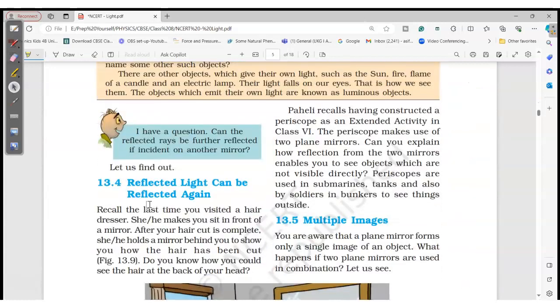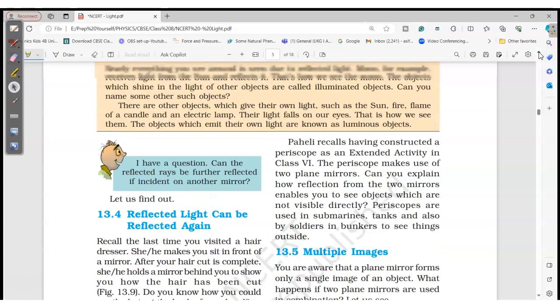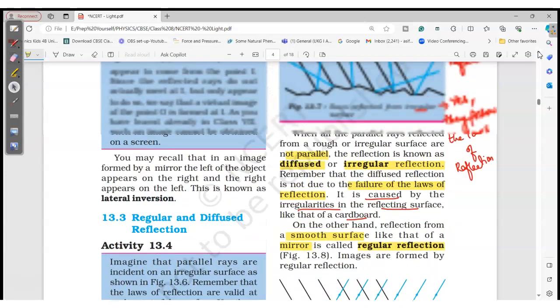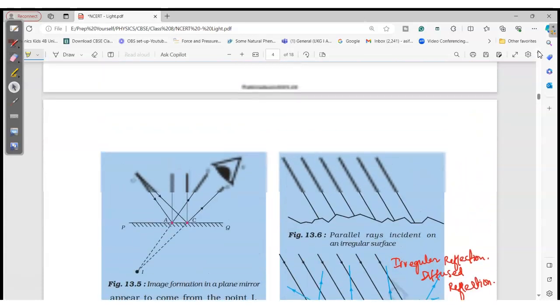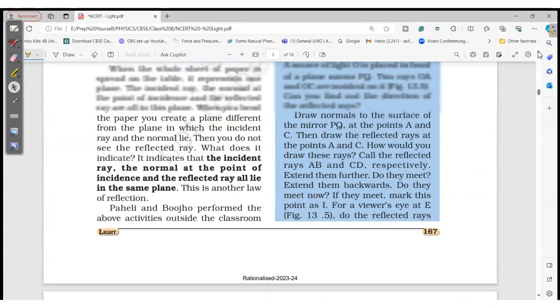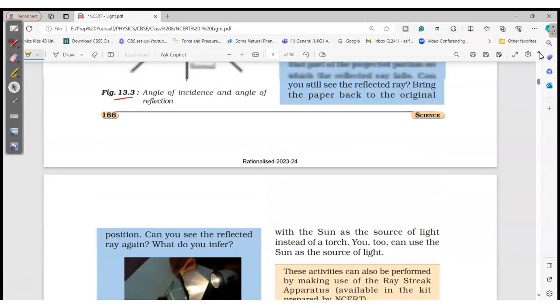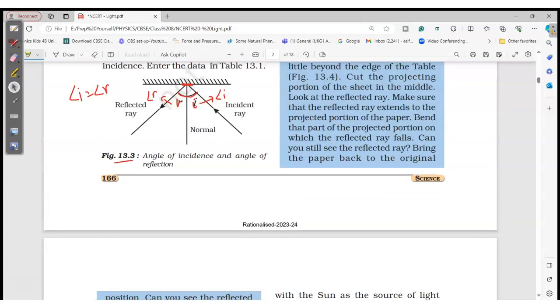Now we will see, before going into multiple images, how an image is formed in regular reflection, image formation. So let us see that.